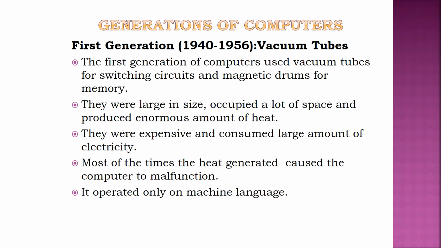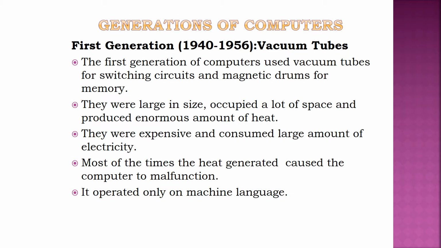They were large in size, occupied a lot of space, and produced a large amount of heat. They were expensive and consumed a large amount of electricity. Most of the time, the heat generated caused the computer to malfunction. It operated only on machine level language.